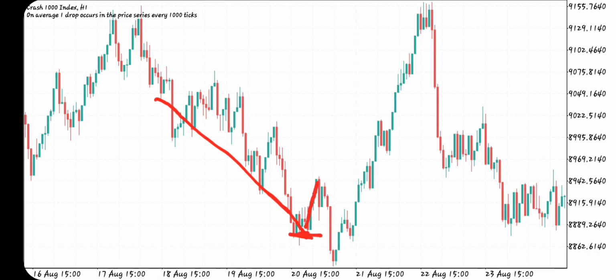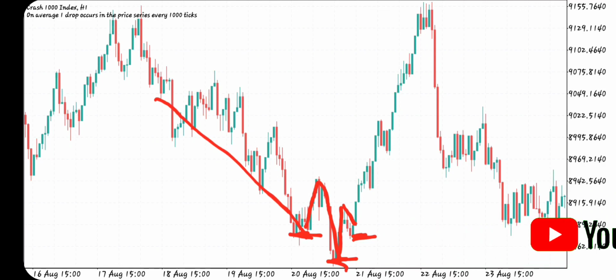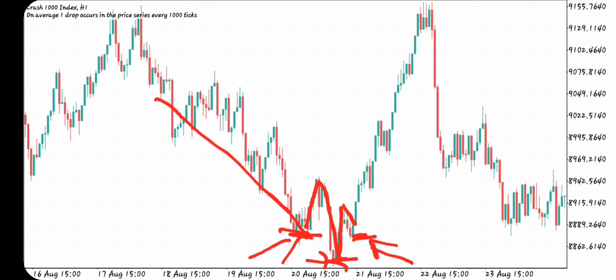It went up, came down, broke that previous level, and at this point it jumped up, then came to retest this level again. As we can see, it has given us the first shoulder, the head, and the second shoulder. And look at how price moved. Price moved all the way up, which makes it a very good example of an inverted head and shoulders pattern.